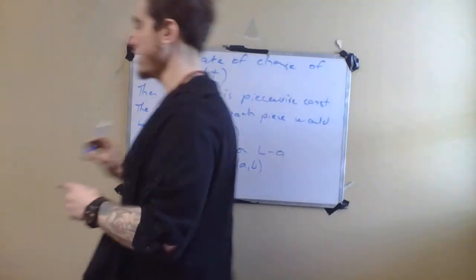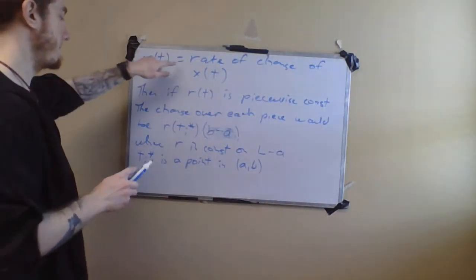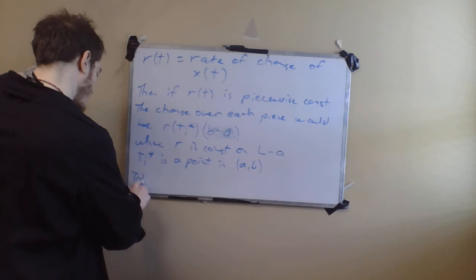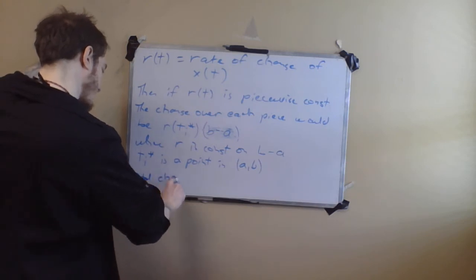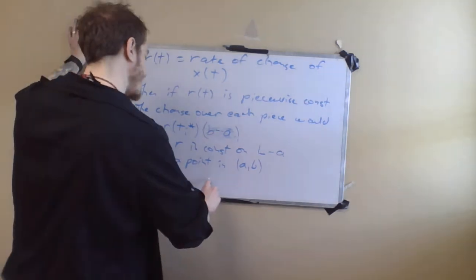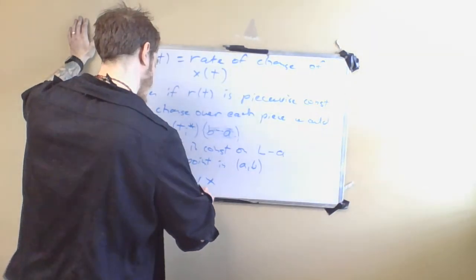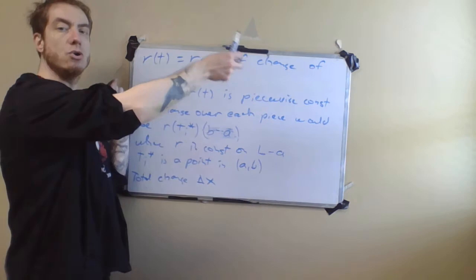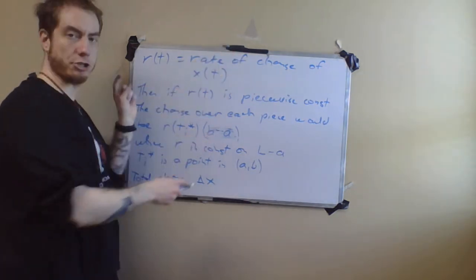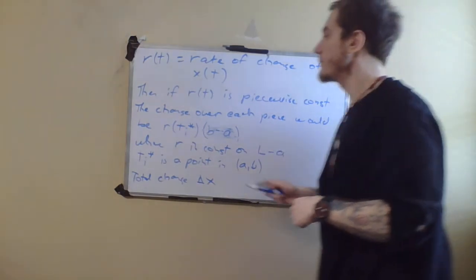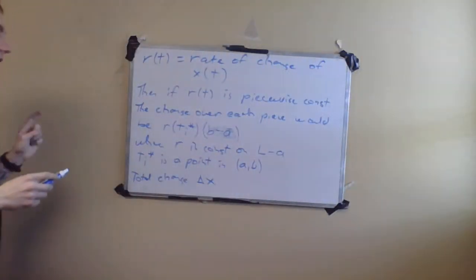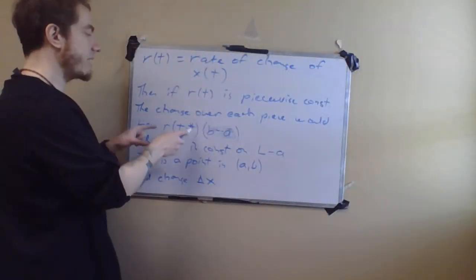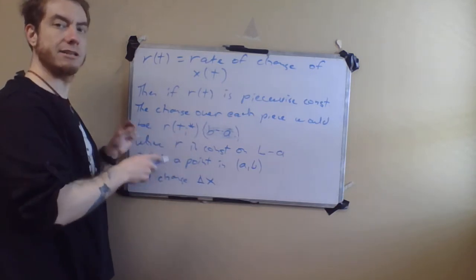But the other thing that we would notice is that the total change would be expected to be the change in x. In other words, if we look at the full endpoints, not just one interval, but the total change in x, in some sense, that should just come from adding up the changes over each piece.